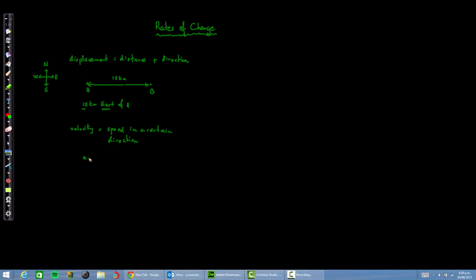Okay, so for example, we might talk about an object traveling, let's say, at 80 kilometers per hour, and let's say its direction was west. Okay, so it's traveling in a westerly direction at 80 kilometers per hour. So velocity also has direction as well as speed.